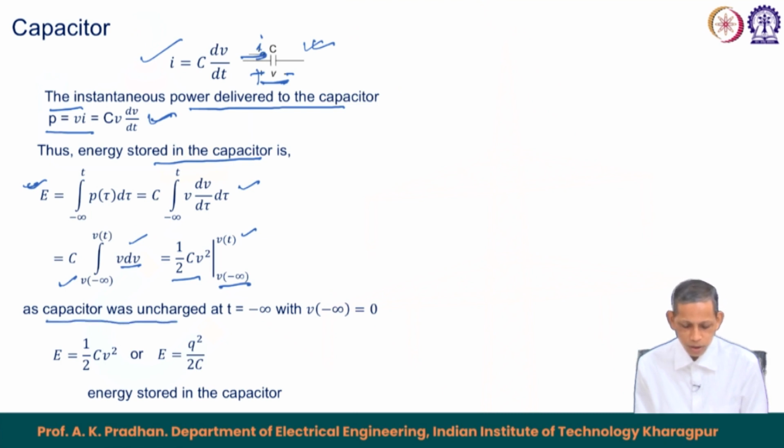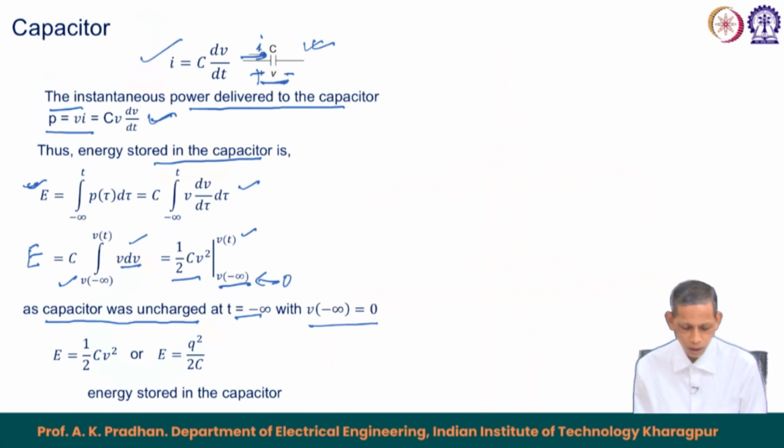Assuming the capacitor was uncharged at minus infinity, V(minus infinity) equals 0, so that part becomes 0.